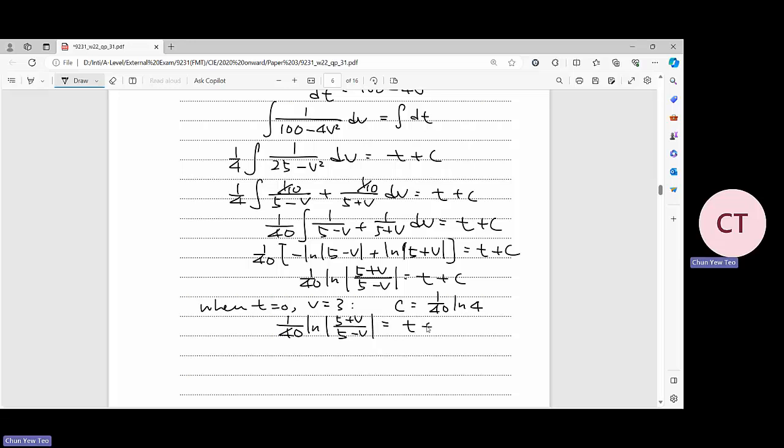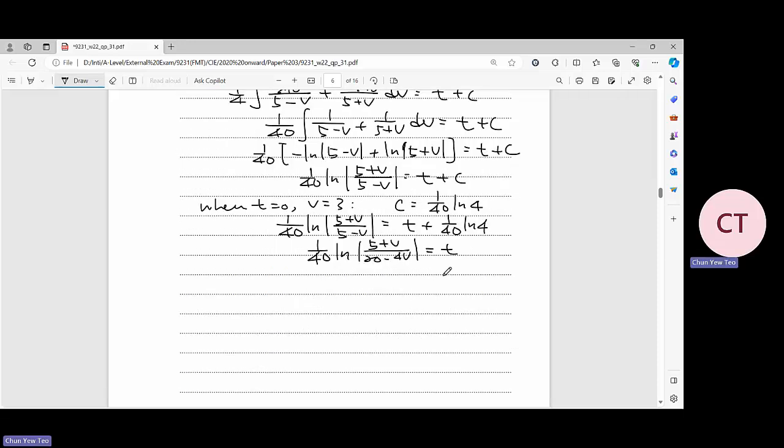You get t plus 1 over 40 ln 4. So join together. If you bring it over here, it will become minus. When you have a minus ln, it will be divide. So it will be dividing this to become 20 minus 4v equal to t.